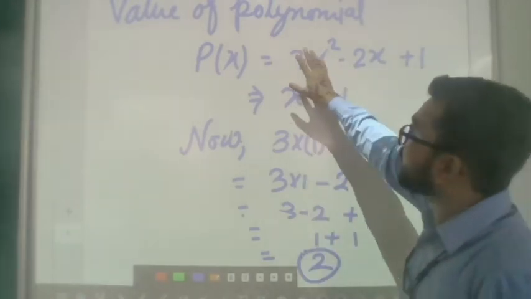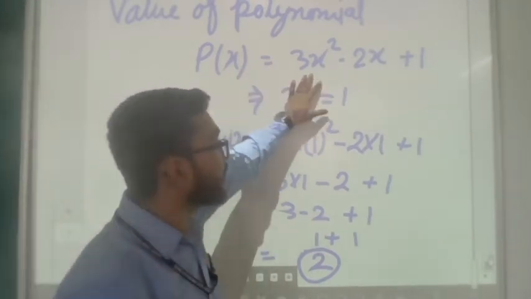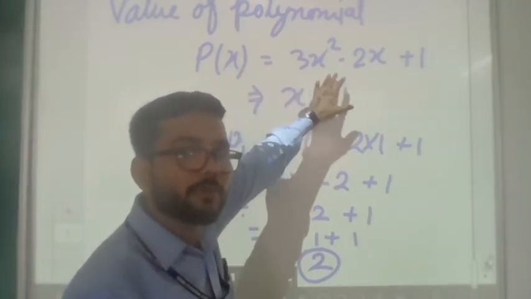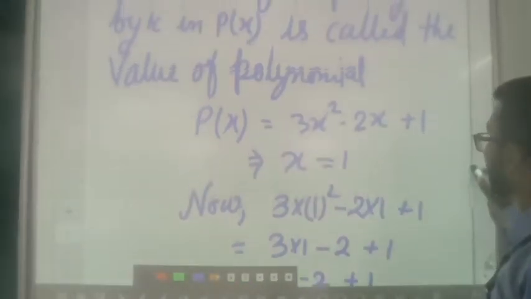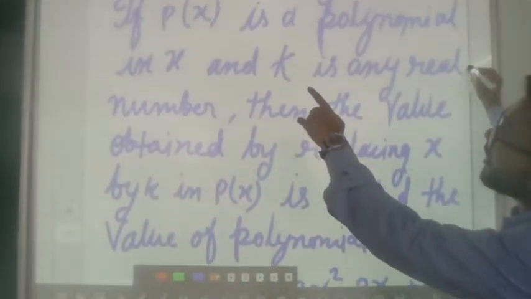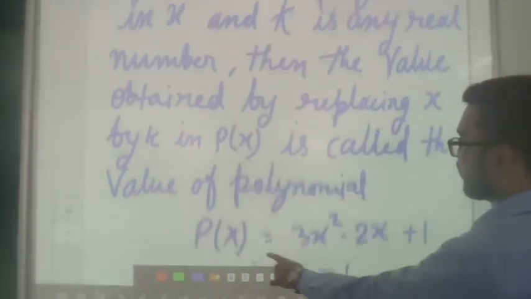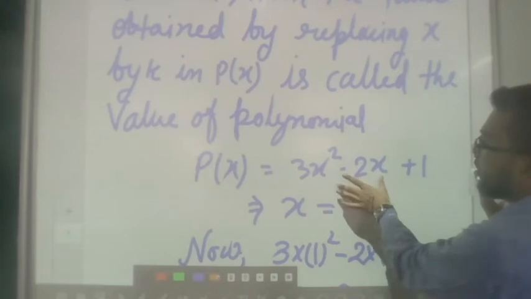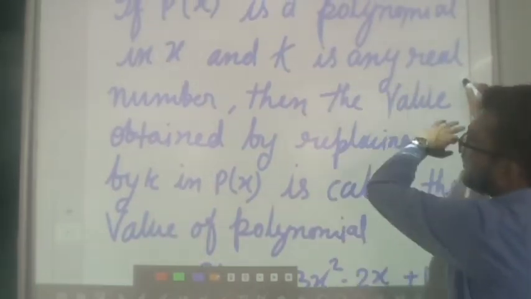In this polynomial, 3x squared minus 2x plus 1, a polynomial in x, try to understand this through the statement. I have taken this polynomial in variable x. Now k is any real number.